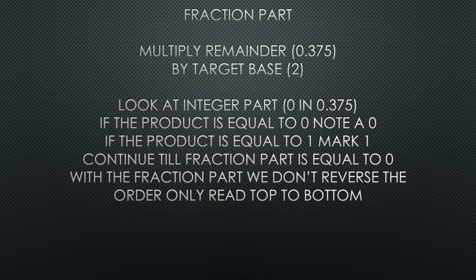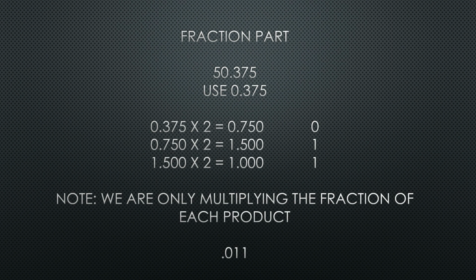And if it is 1, we mark a 1. We keep doing this until the fraction part is 0, so we have a whole number. And this one, we're not going to inverse the order. We're only going to read it from top to bottom. So the 0.375 part is all we're doing here.